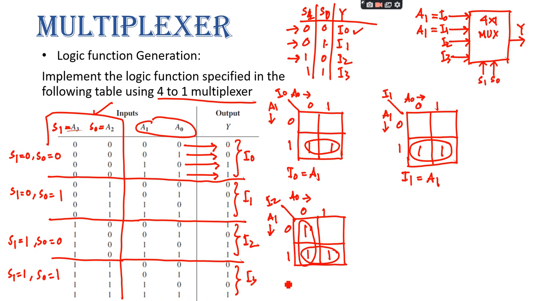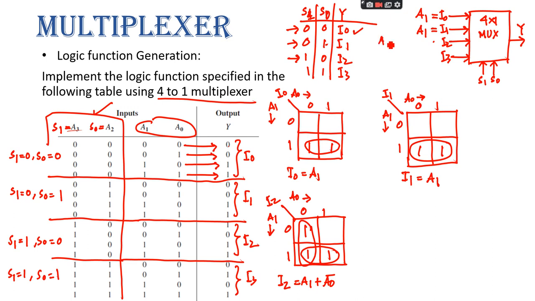So your I2 equation should be A1 plus A0 bar.